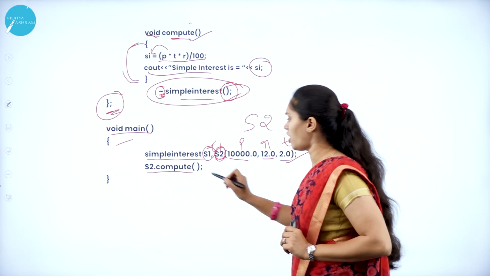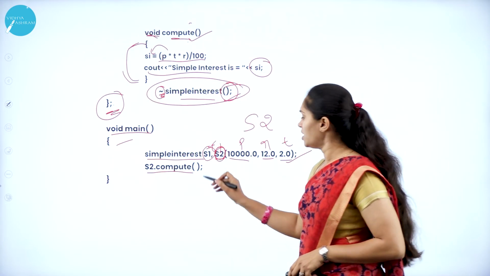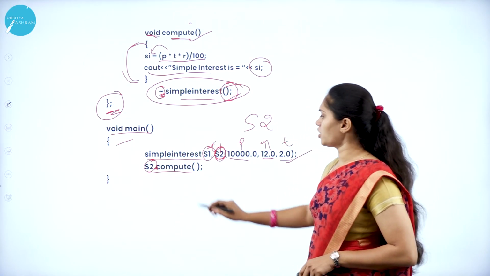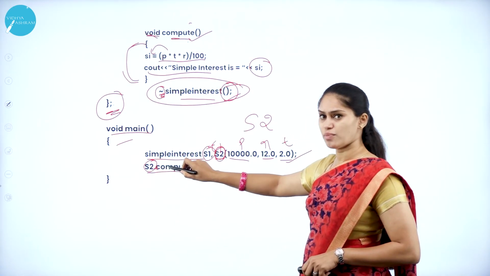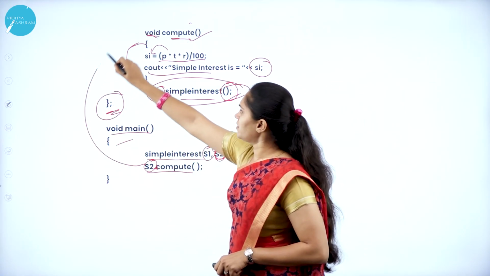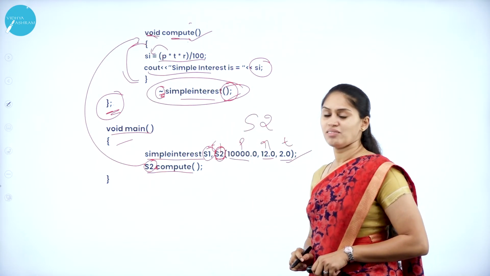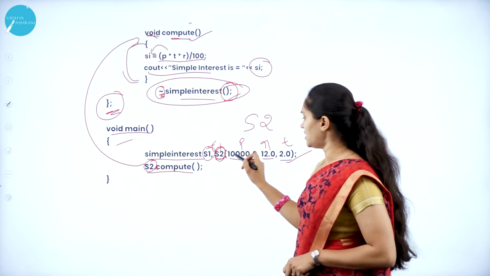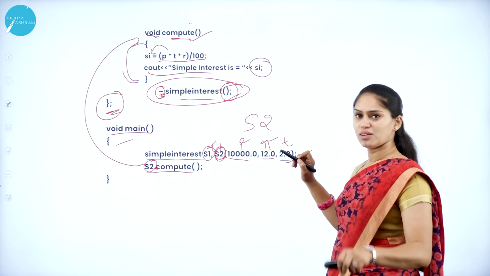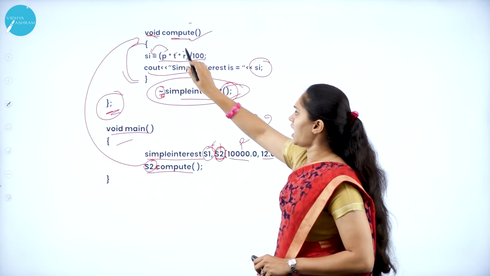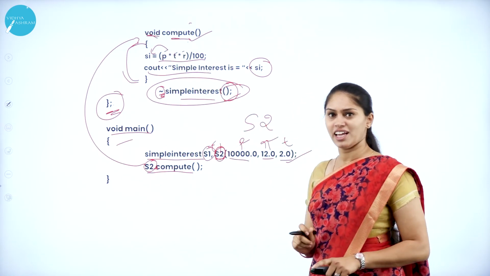Then S2.compute. So with the help of this S2 object, I am calling a member function called compute. When I am calling this member function, the control will be moved to this compute member function. So what do I have in compute? Whatever the value of the variables that I give will be assigned to P, T, R and they will be multiplied by each other.